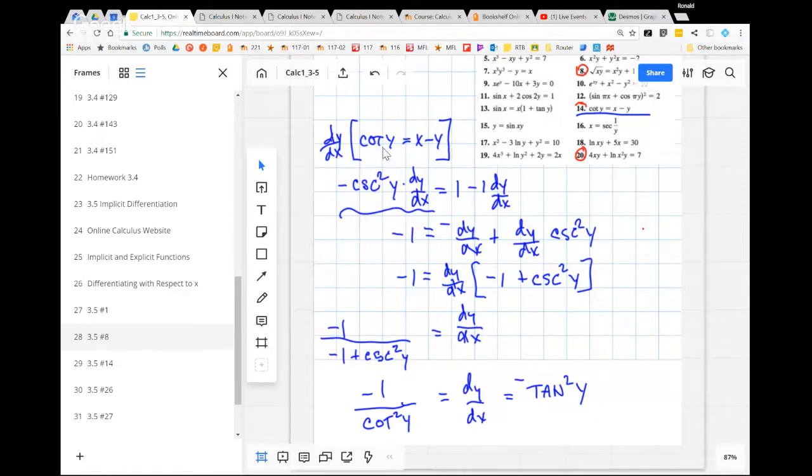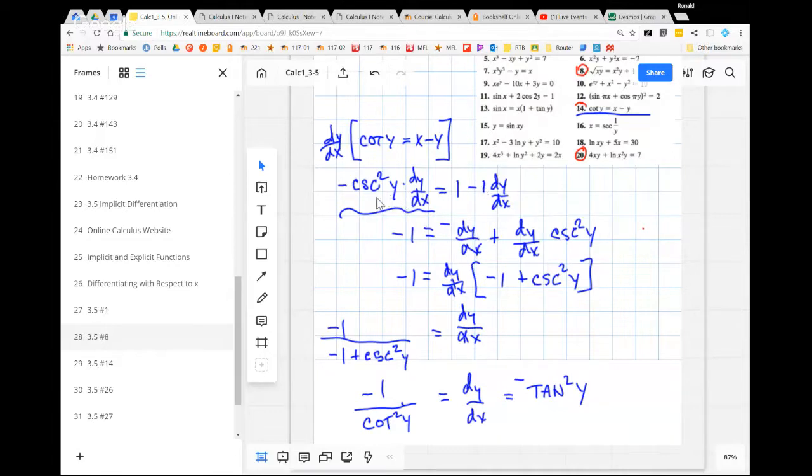All right, but then because it's a y guy, I got to do the chain rule, dy dx. Right side, derivative of x, 1. Derivative of y, 1. But because it's a y, chain rule, dy dx. All right, now get your dy dx terms on one side. So I moved the dy dx terms to the right.